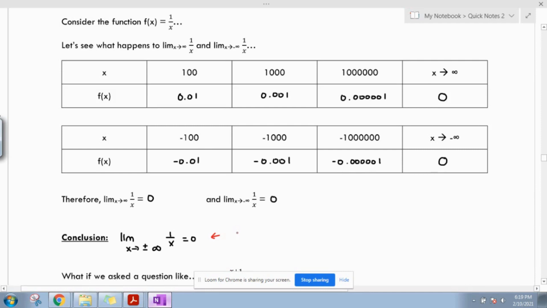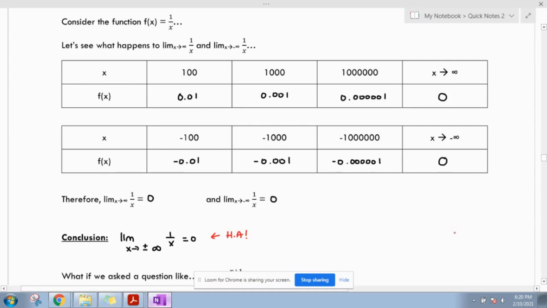This is talking about your horizontal asymptote, which for 1 over x is indeed at y equals 0. So now, rather than just plugging in a really large number or a really small number, we're going to be using limits to help us out. But like I said, that will come in Unit 3 when we start talking about graphing all over again.